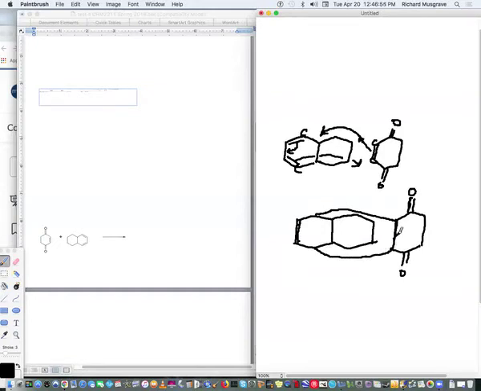Okay, so this is the 2D diagram here, along with the stereochemistry, since it's a cis double bond essentially.